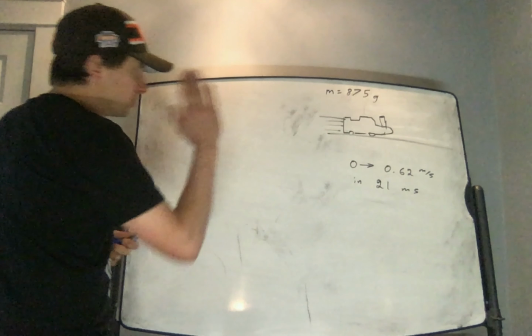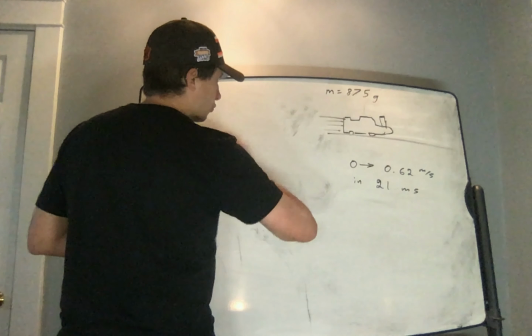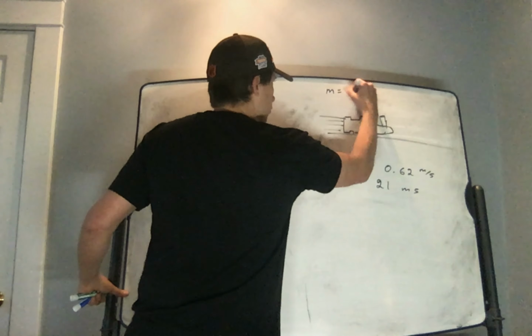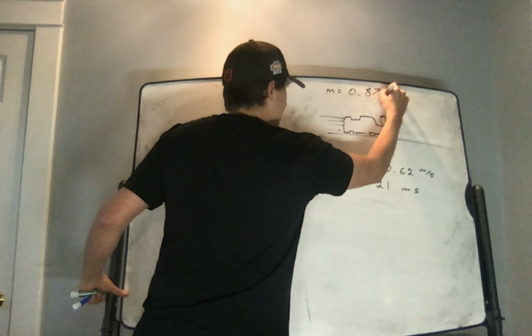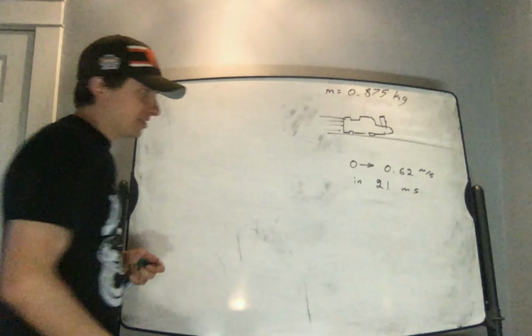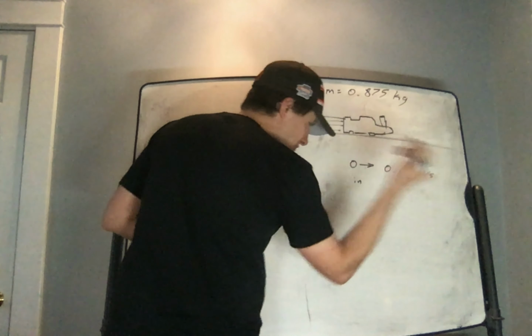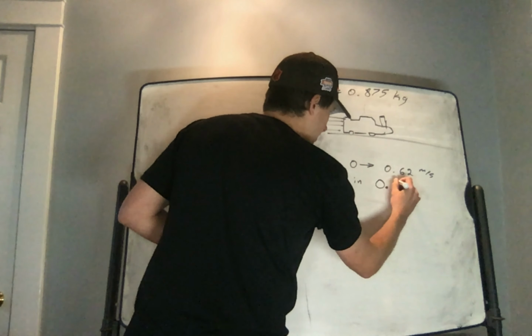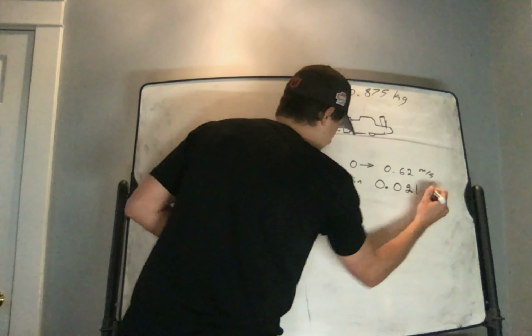So that means I'm going to change the mass of the train from 875 grams to 0.875 kilogram. And I'm going to say that 21 milliseconds is 21 thousandths of a second. So I could write the time as 0.021 seconds.